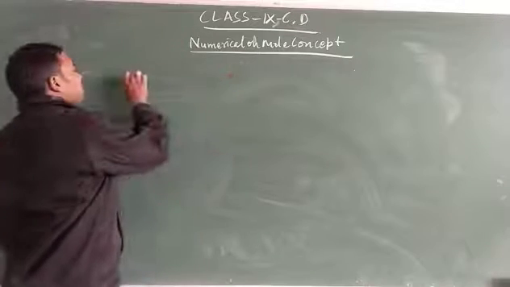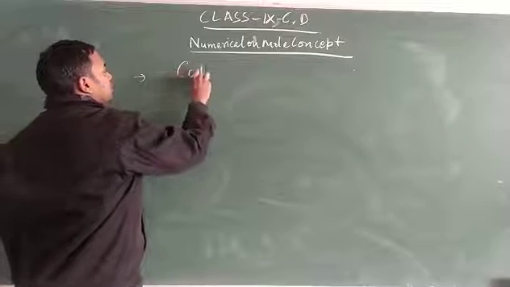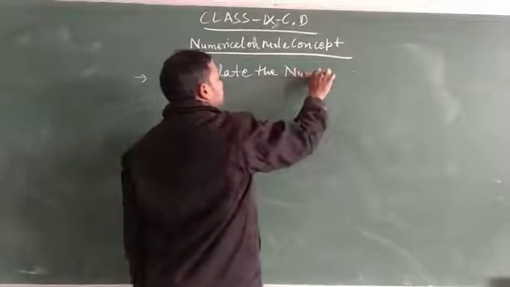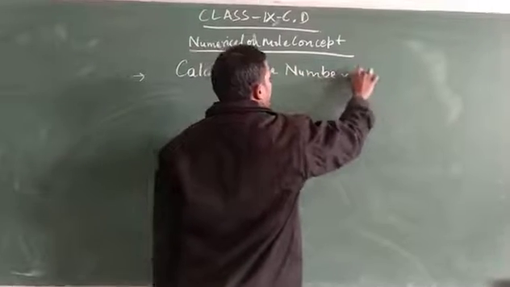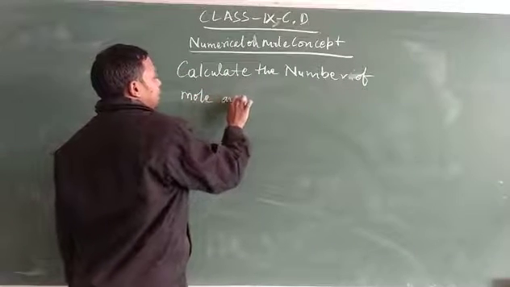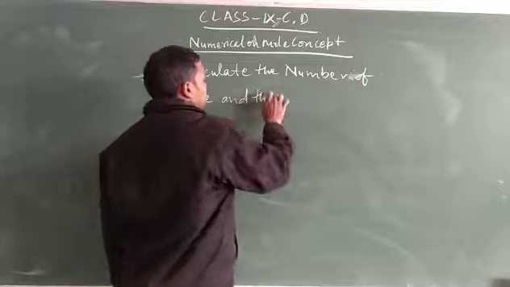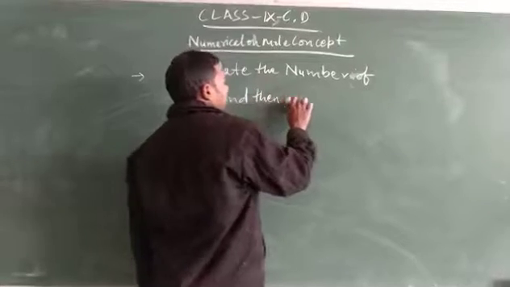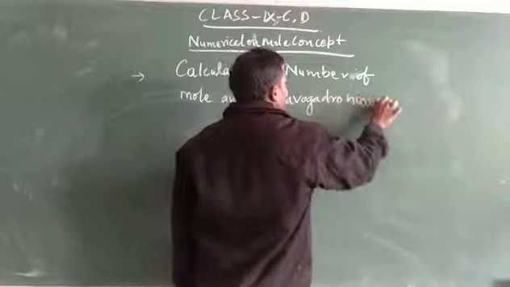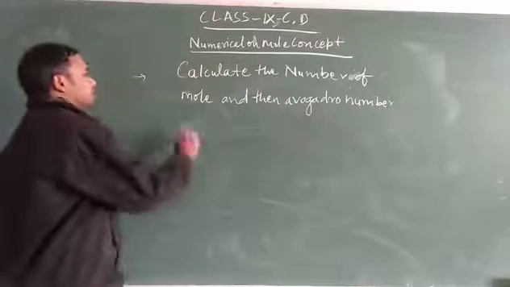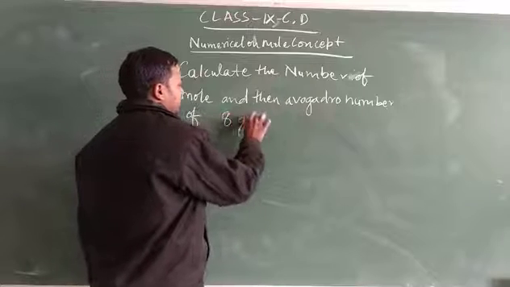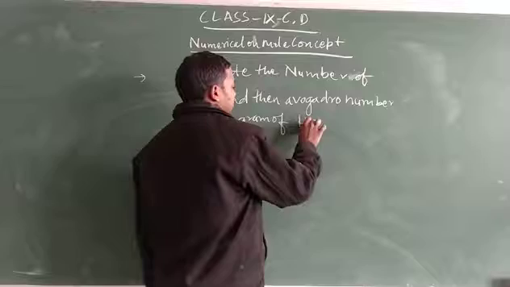Next, calculate the number of mole, and then Avogadro number, of 8 gram of helium gas.